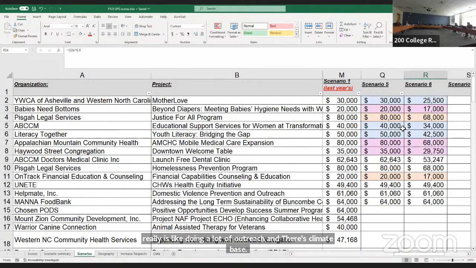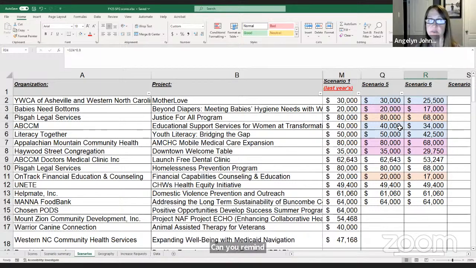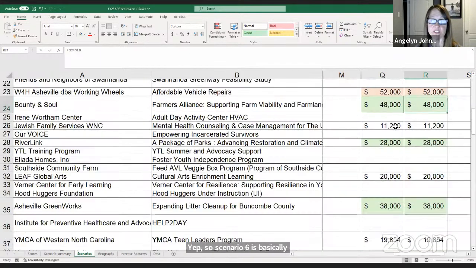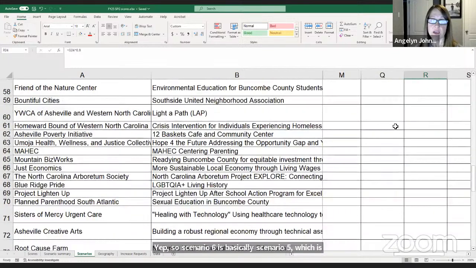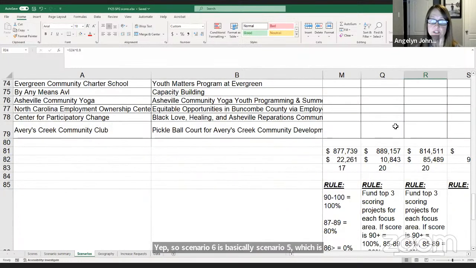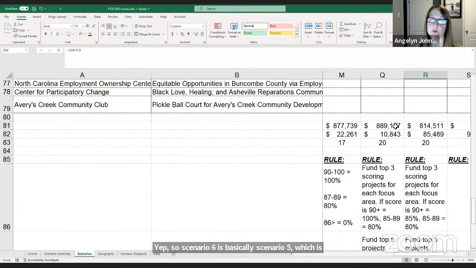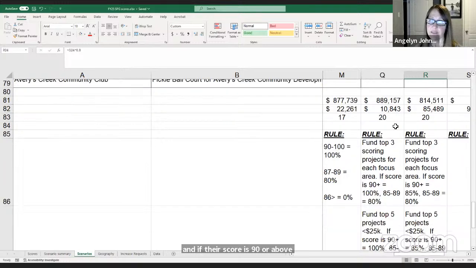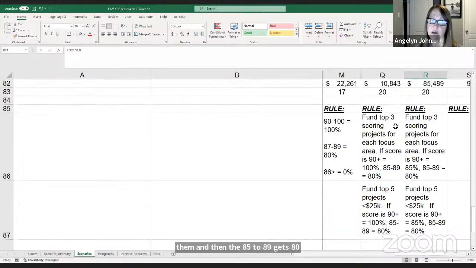Can you remind me, Angela, what we're looking at with scenario 6? Yep, so scenario 6 is basically scenario 5, which is looking at the top 3 projects for each focus area, and if their score is 90 or above, allocating 85% to them, and then the 85 to 89 gets 80%, and then also the top 5 projects under 25,000 with that same logic.